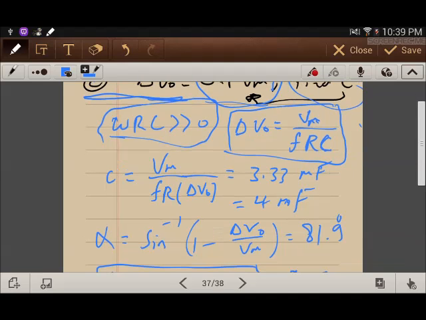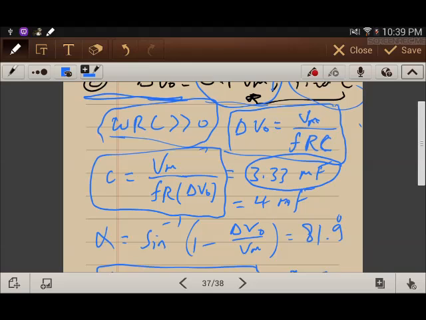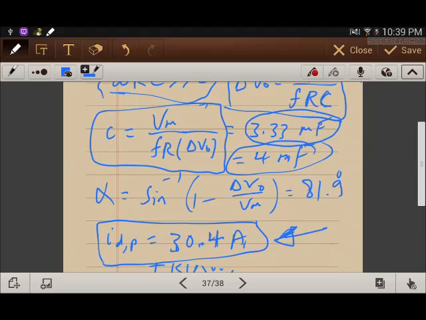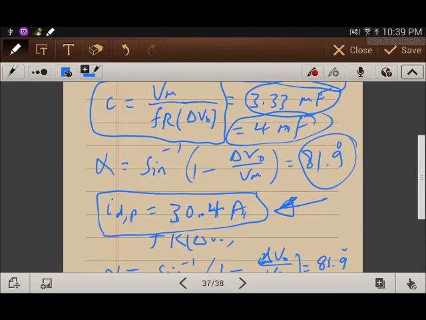So C will equal V maximum over F multiplied by R multiplied by the peak-to-peak ripple, and this turned out to be 3.33 millifarads. So I selected 4 millifarads. Then if I'm asked to find alpha, it will be equal to sine inverse of (1 minus delta V out over Vm), and it gives me 81.9 degrees, and the peak current is 30.4 amps.